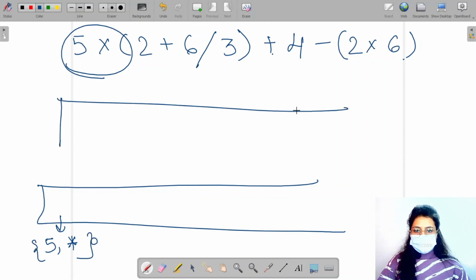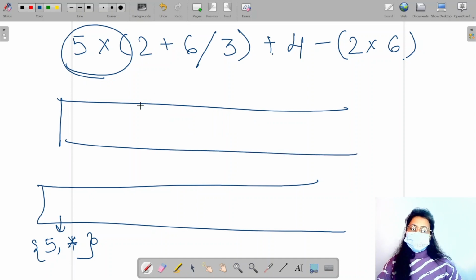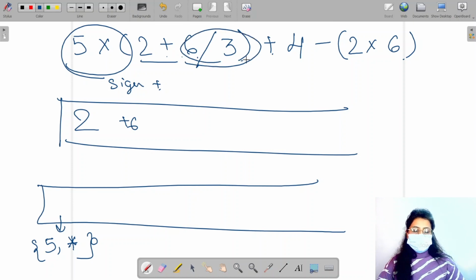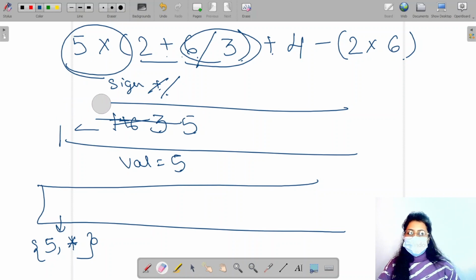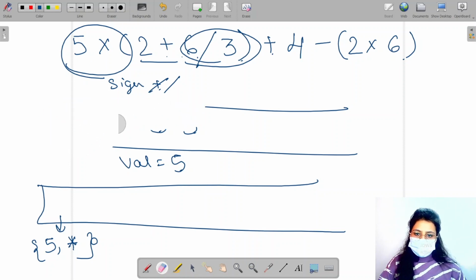And we have the stack which will solve for the parenthesis. 2 came, sign is plus. Then we'll solve +6. First we'll solve divide by 3 because divide has higher priority than the addition one. So it would divide and give 3. Then we'll add them and we have 5. This will get stored in the value variable and we'll restore the stack once again, right?